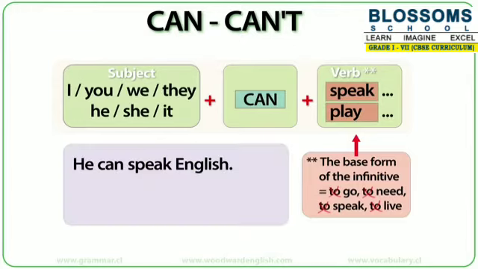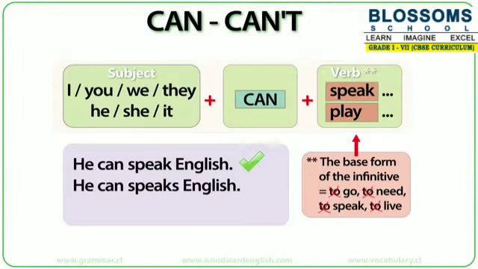Let's look at this example. He can speak English. Is this correct? Yes, it is correct. Subject, he, then can, and the verb speak. He can speak English is correct.